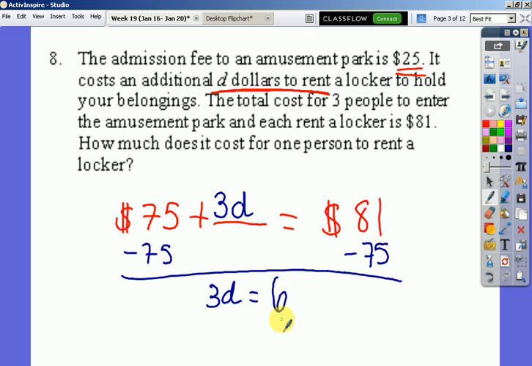So what's my unit rate? 2. So interpret that. What does that mean? D equals 2. Yes. It costs $2 to rent a locker. Right. So it's $2 per one locker. That's my unit rate. Do you have any questions on that?